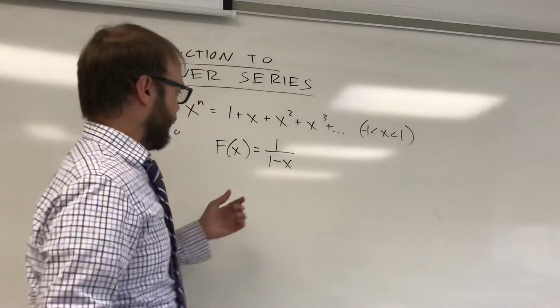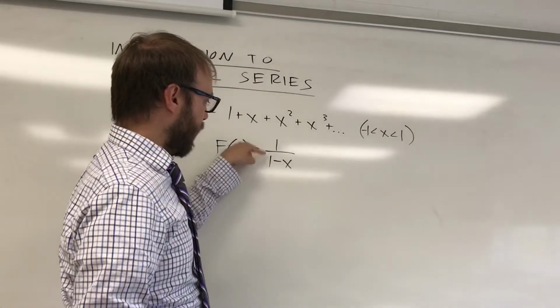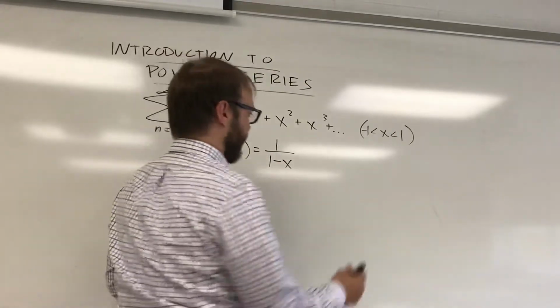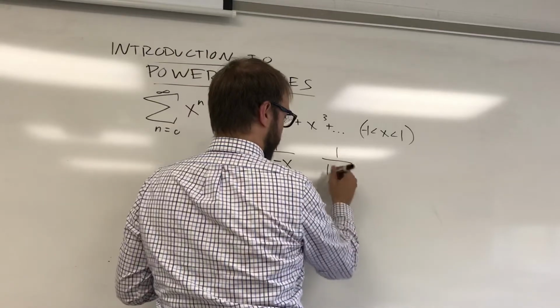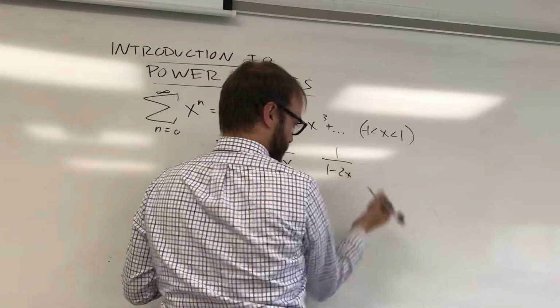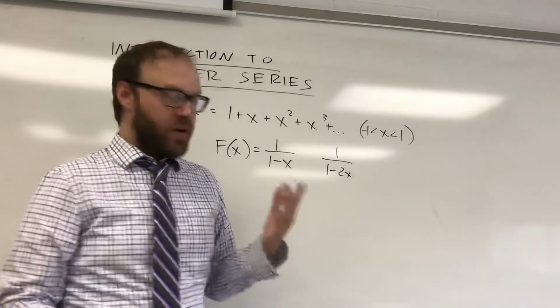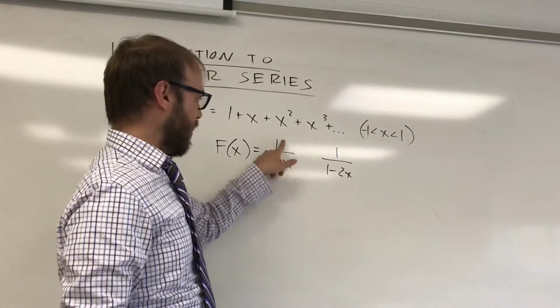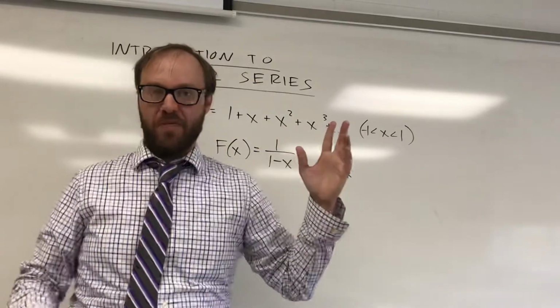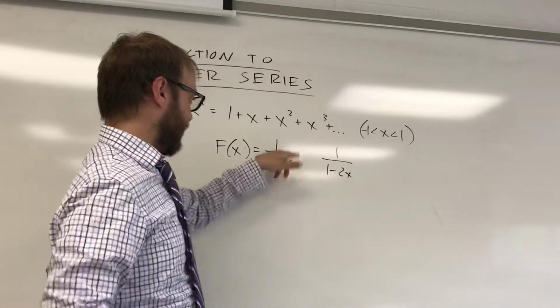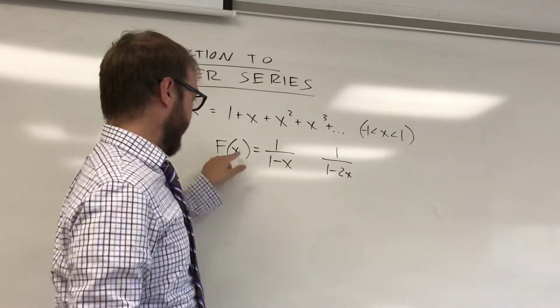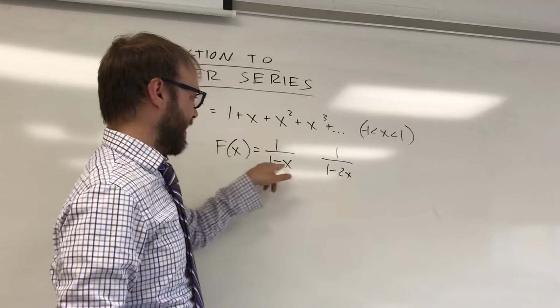For example, let's say I didn't want to represent 1 over 1 minus x. Let's say I wanted to represent 1 over 1 minus 2x. Okay, something like that. The form's always the same, okay? It's 1 over 1 minus your input value. If you were putting 5 into this function, it'd be 1 over 1 minus 5. If you're putting 10 into this function, it's 1 over 1 minus 10.